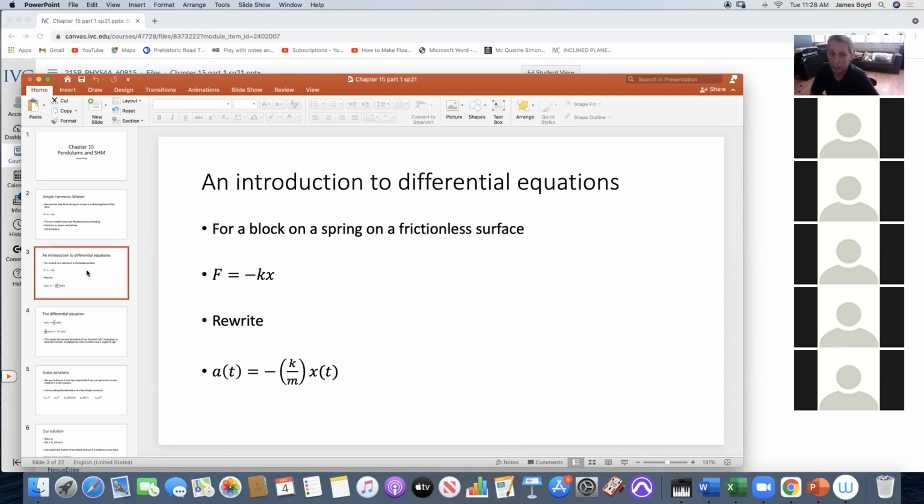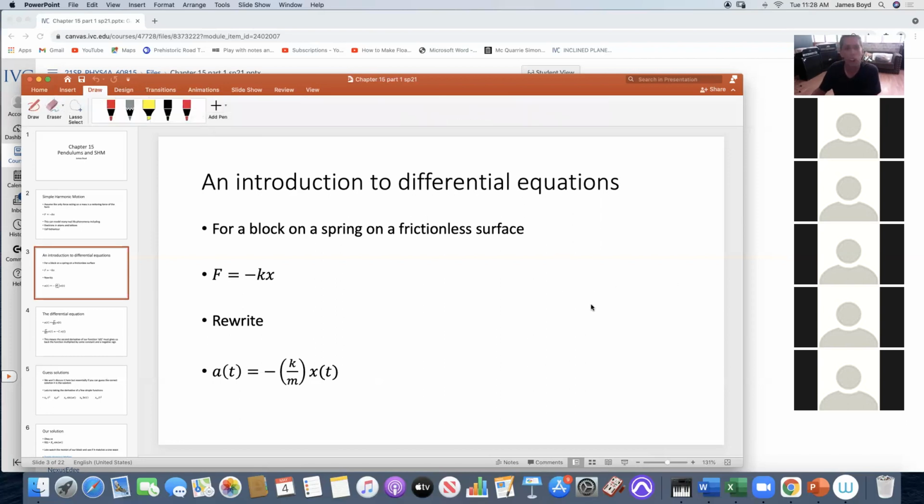So, the first quick introduction to a differential equation. If we assume that this is like a block attached to a spring on a frictionless surface, so you have this wall, you have some block, you assume that there's some equilibrium position where x is 0. If you pull it this way, the force tries to pull it back.